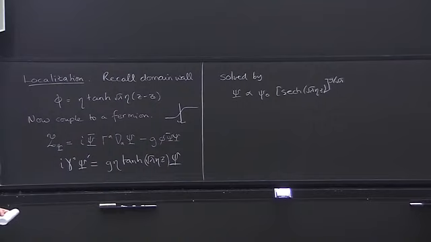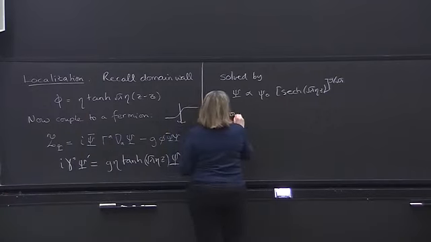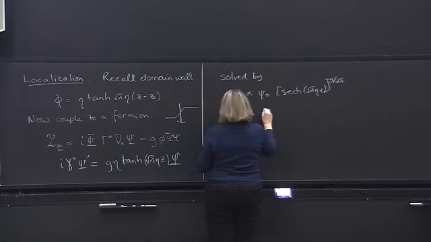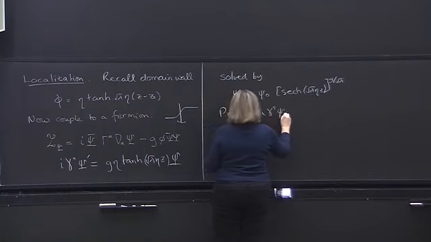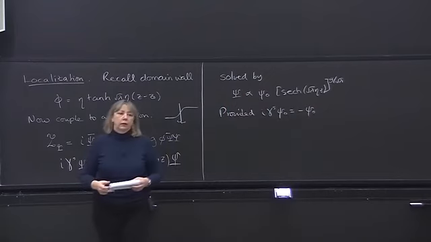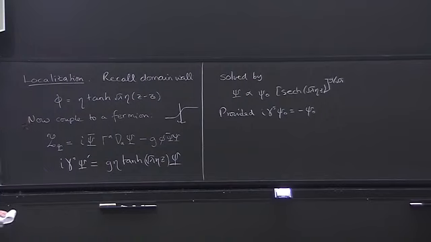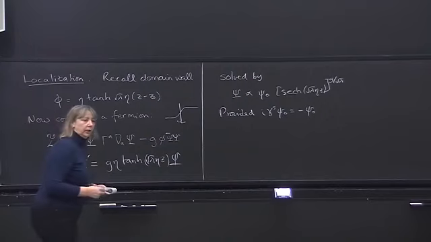And so if I pick this particular profile of psi, then I get a solution that looks like this, provided I have a particular property of my psi naught. So psi naught has to be chiral.